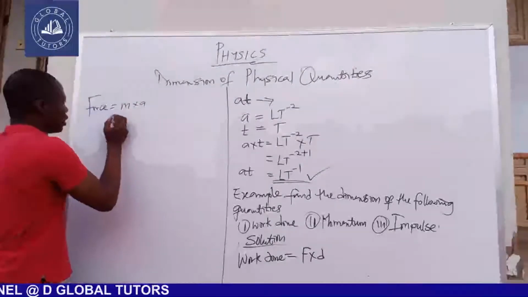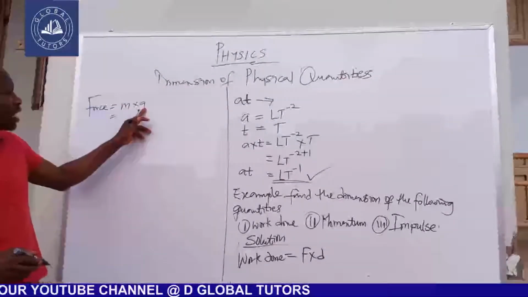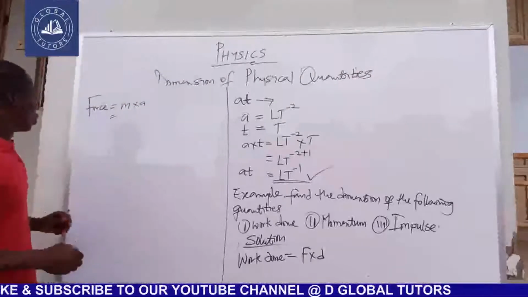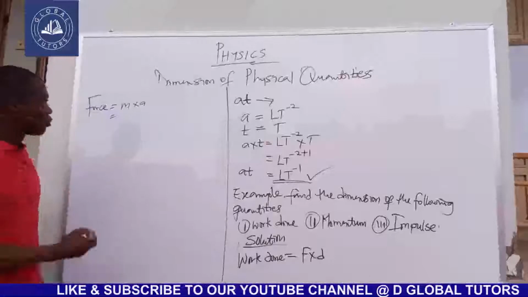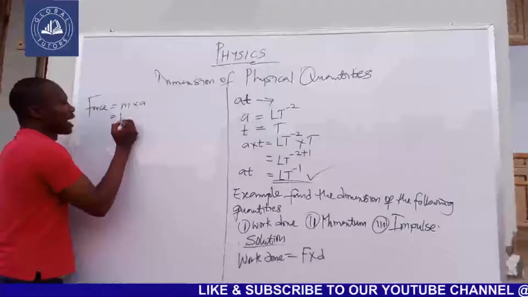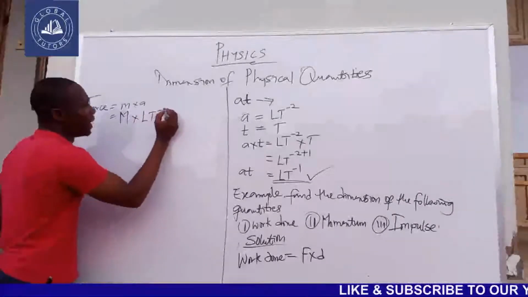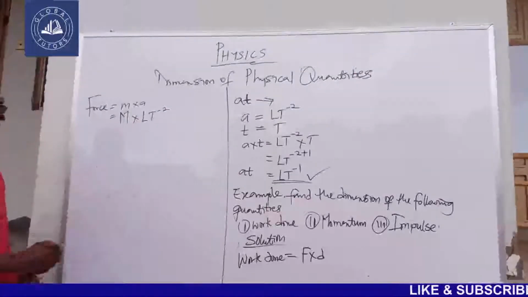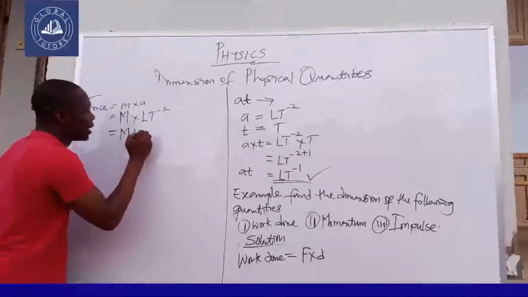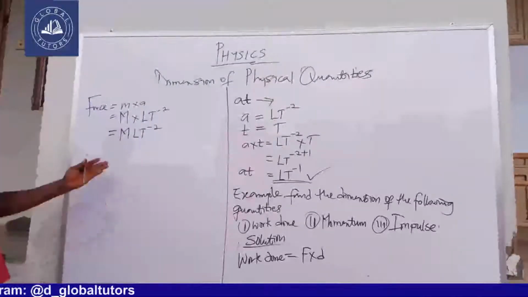And we have derived the dimension for acceleration. Our mass, from the basic quantities, is capital M, and our acceleration is LT minus 2. So our force has a dimension of MLT minus 2.